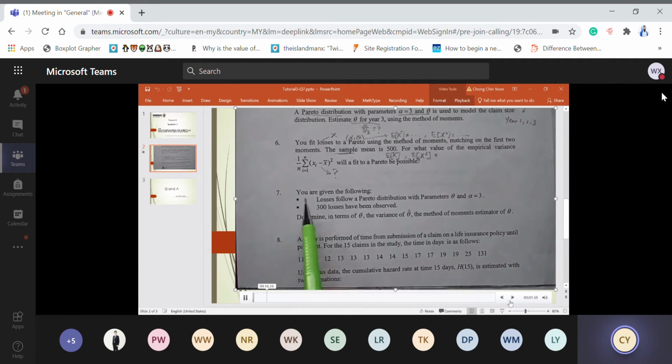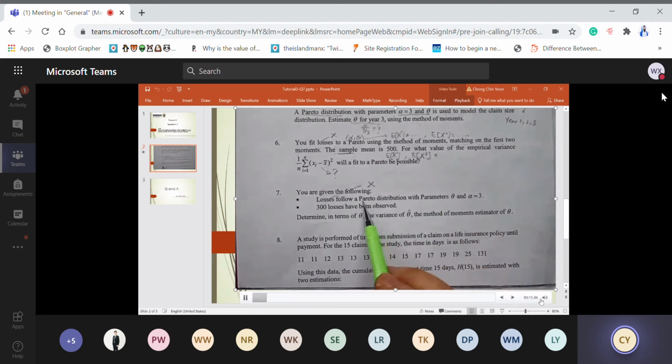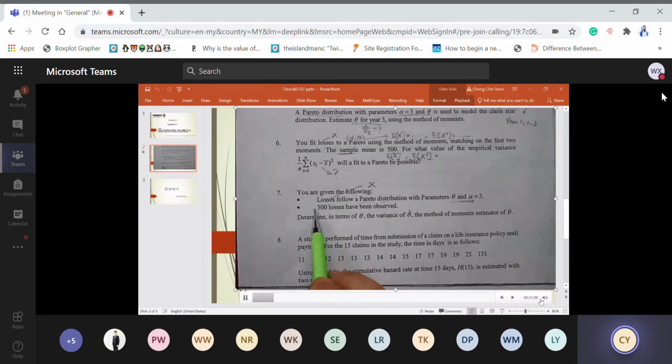Number 7. You are given the following. Losses follow a Pareto distribution with parameters theta and alpha is 3. So we let this x be the loss random variable, which is Pareto distributed with these parameters. 300 losses have been observed. So this is the sample size, which is n.